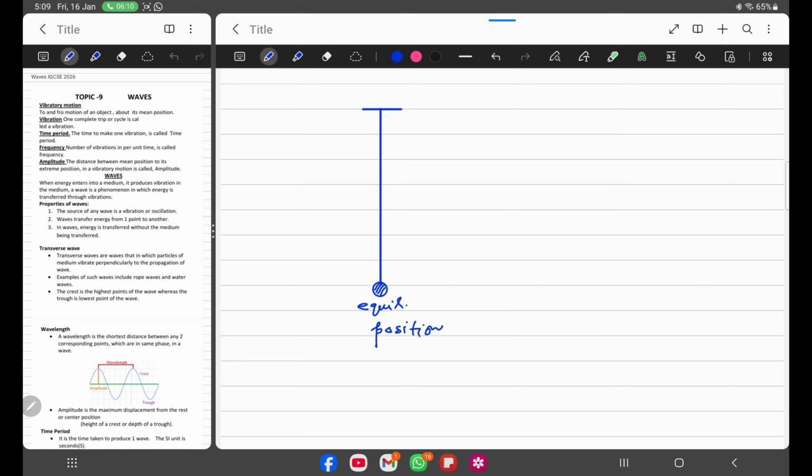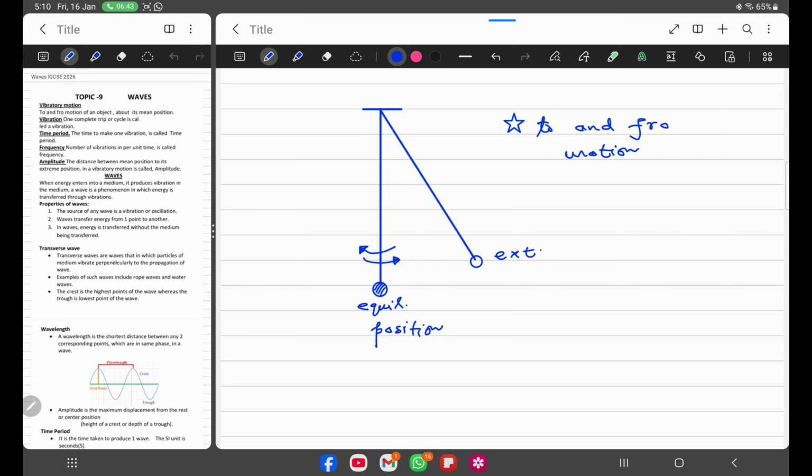If I displace this sphere from its equilibrium position to the right extreme, this position is called extreme position. And if I release it now, you will observe the sphere begins to move to and fro about the mean position.